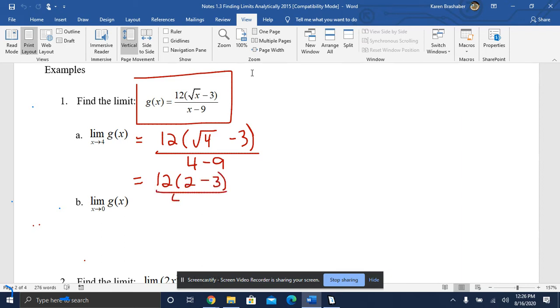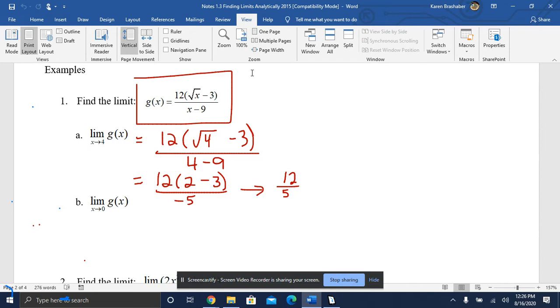And in your denominator, you could go ahead and simplify 4 minus 9 to get negative 5. And then your last step, doing your final simplifying. So 2 minus 3 is negative 1 times your 12. You get negative 12 over negative 5, and that will then simplify to positive 12 fifths.